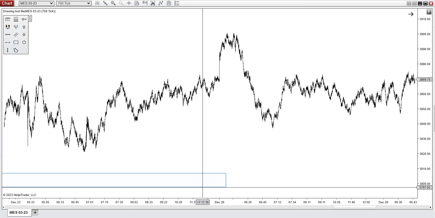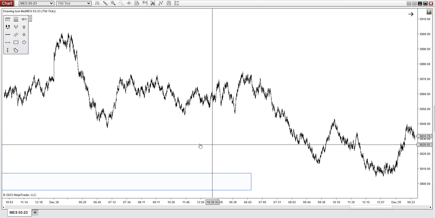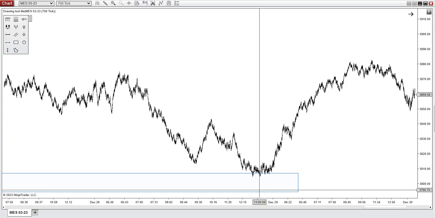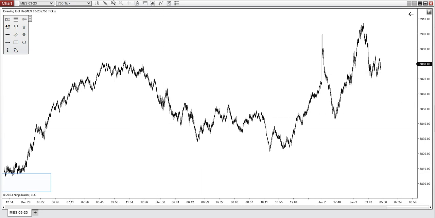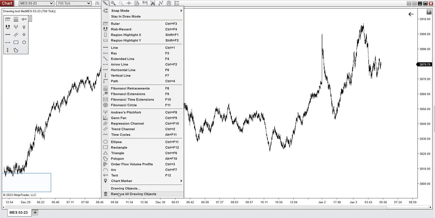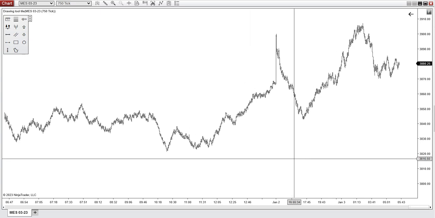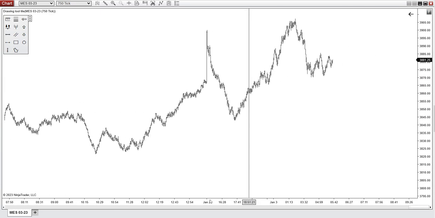Remember, it's a zone, so we don't live and die by it, but price pulled right back into that kill zone, and then it bounced off of it, pulled back into here. So what I'm going to do is use that to guide my impulse leg.